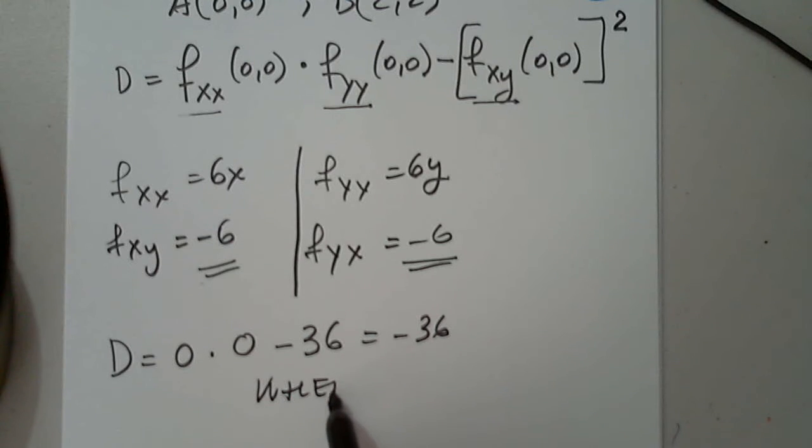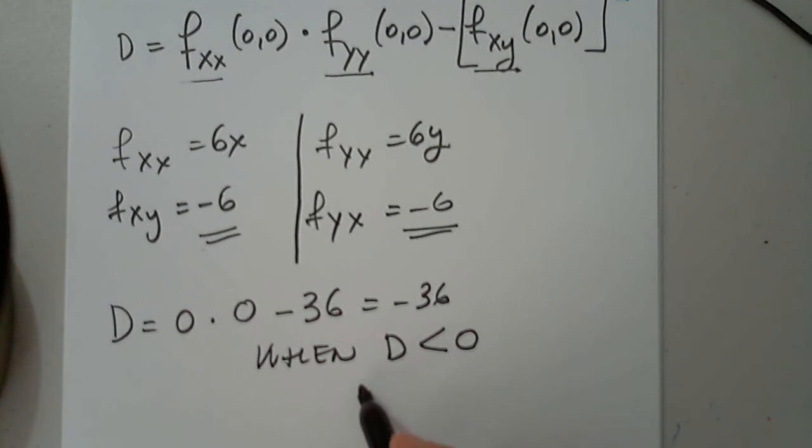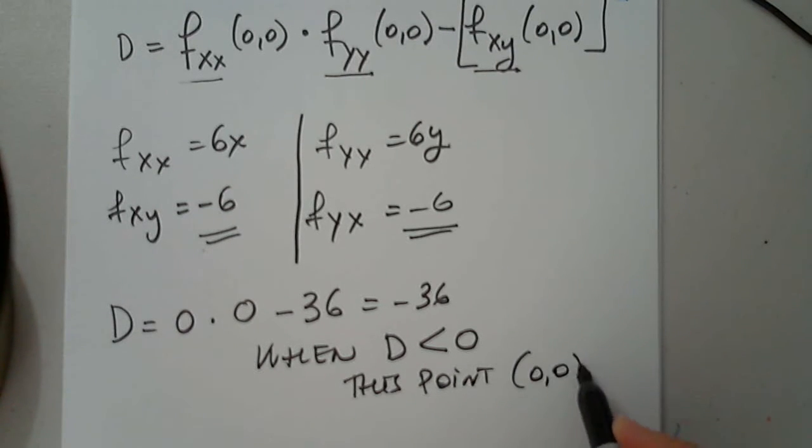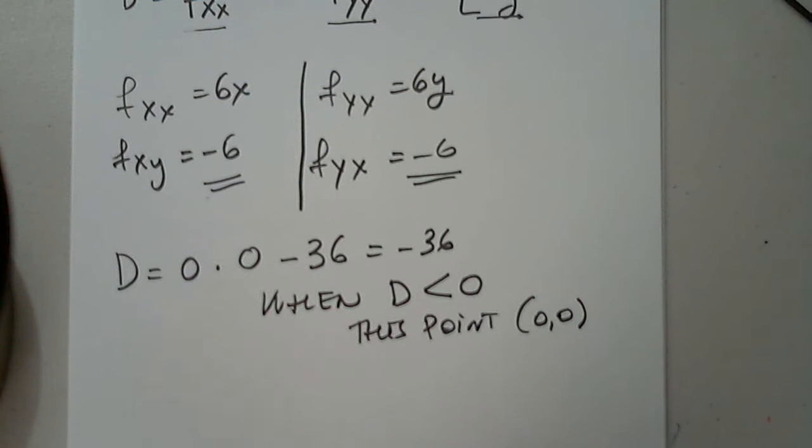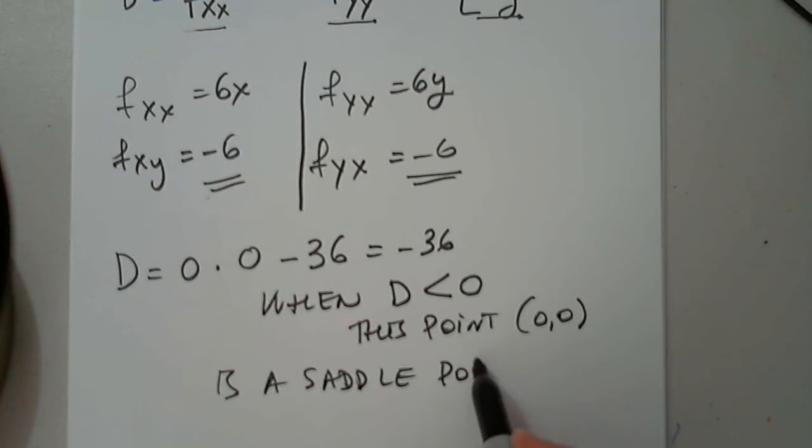When D is a negative number, this point, in other words (0, 0), is not a max, not a min. It's a saddle point.